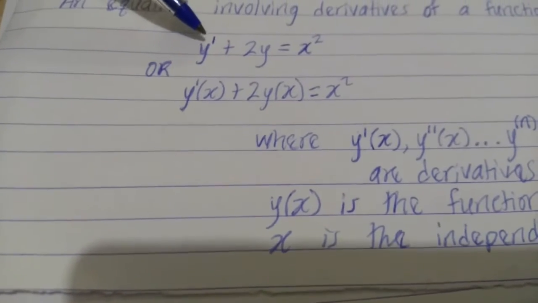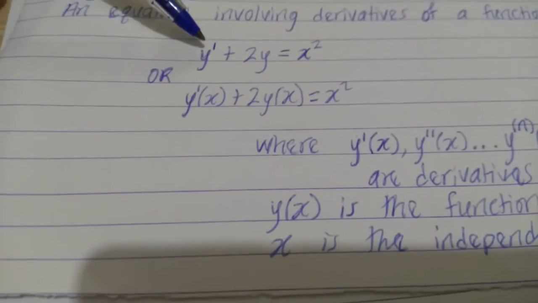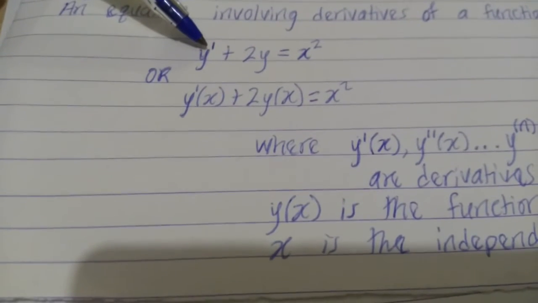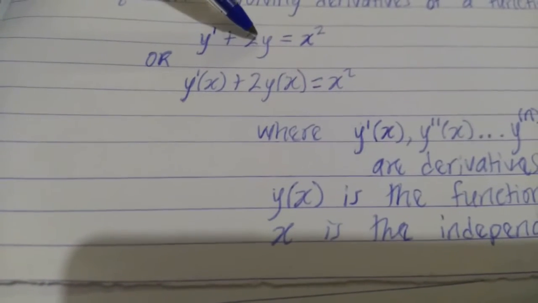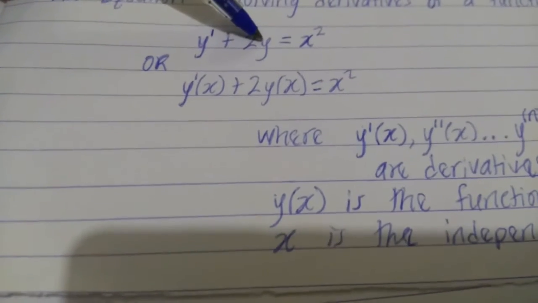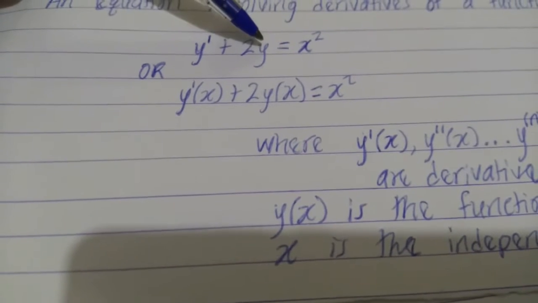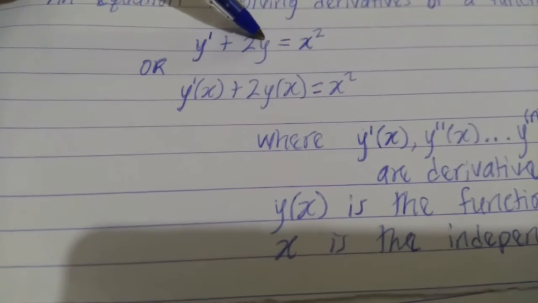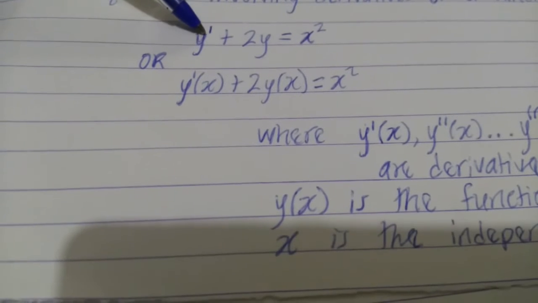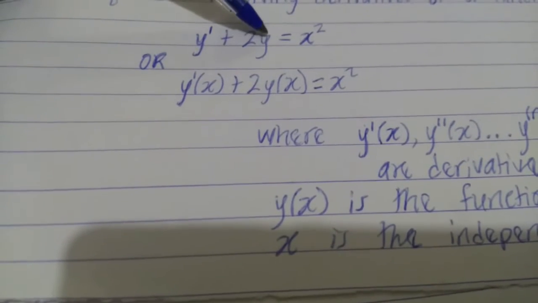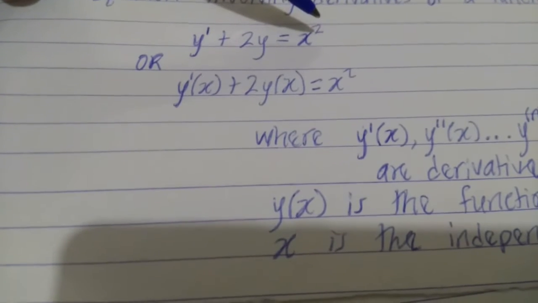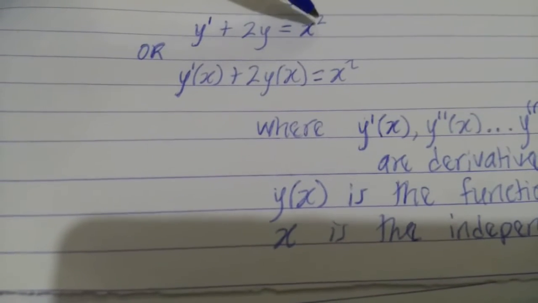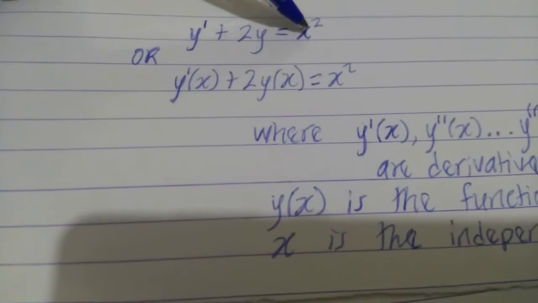The prime notation is to indicate that it's a derivative. And then we have plus 2y. The y over here is the unknown function, the function we'll be finding. So its derivative plus 2 times the function equals x squared, where x is the independent variable.